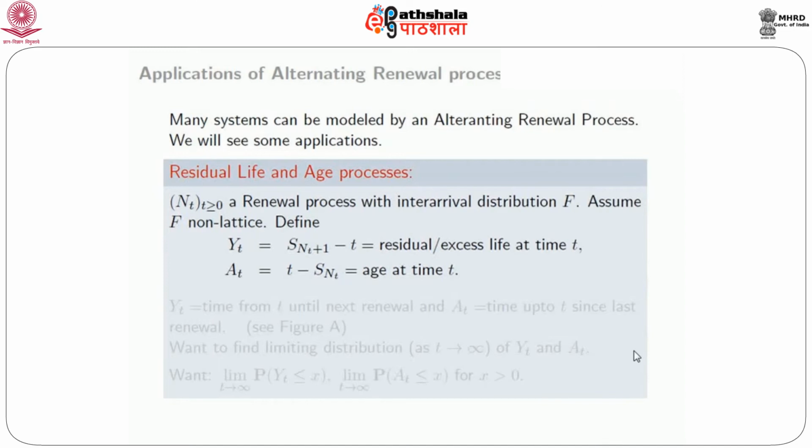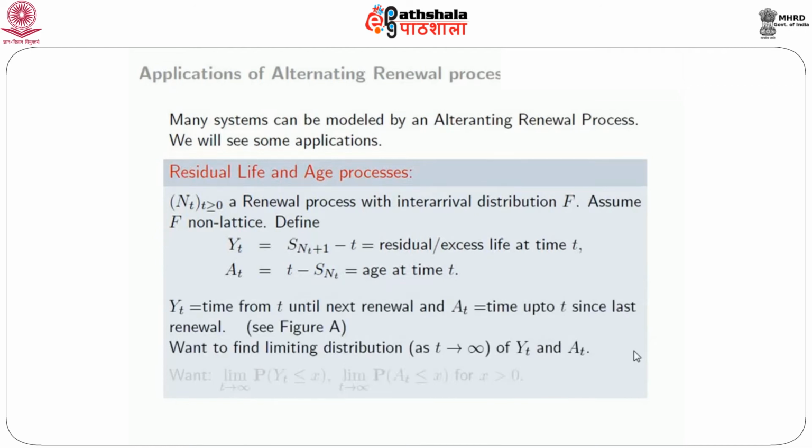So let's say that you have a certain machine which needs to be renewed every time it breaks down, and the duration of a machine running before breaking down for successive machines can be thought of as IID non-negative random variables, and a renewal takes place when a machine breaks down and is replaced by a new machine.